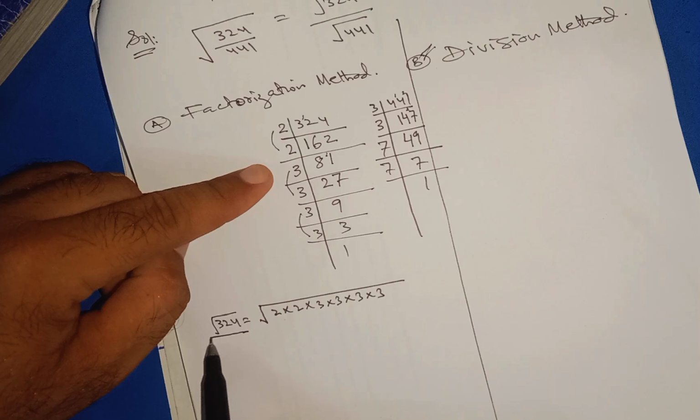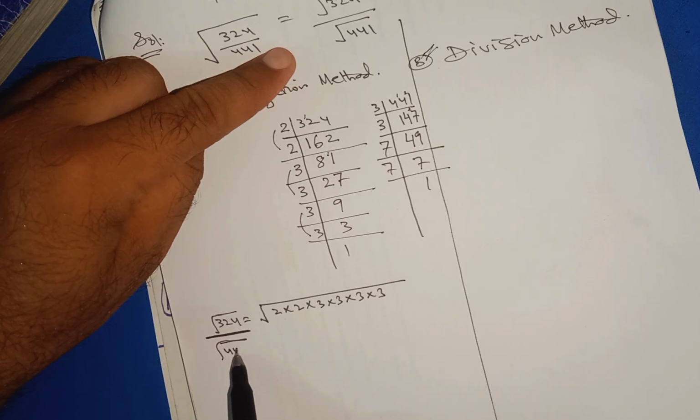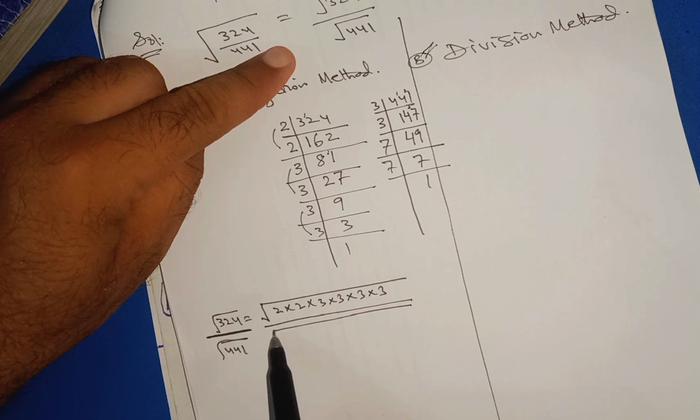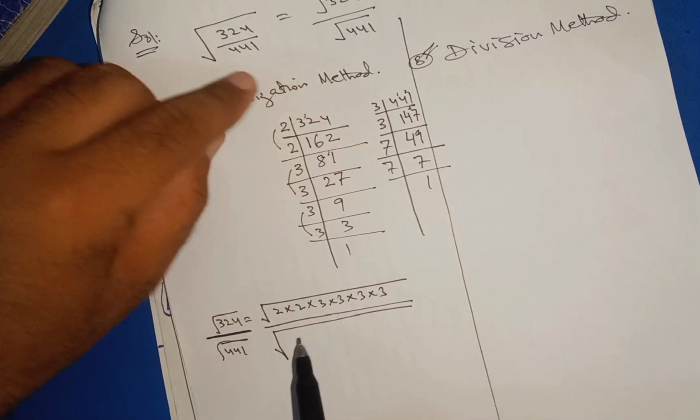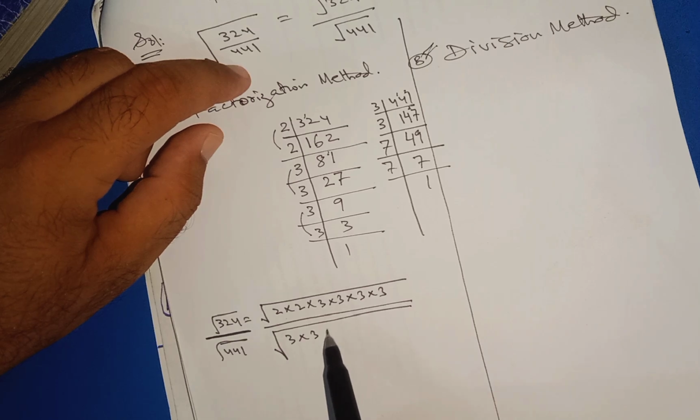And I will write a sign of divide, and then this value 441. So we have this symbol of divide, and then this one. It's 3 times 3, and then we have 7 times 7.